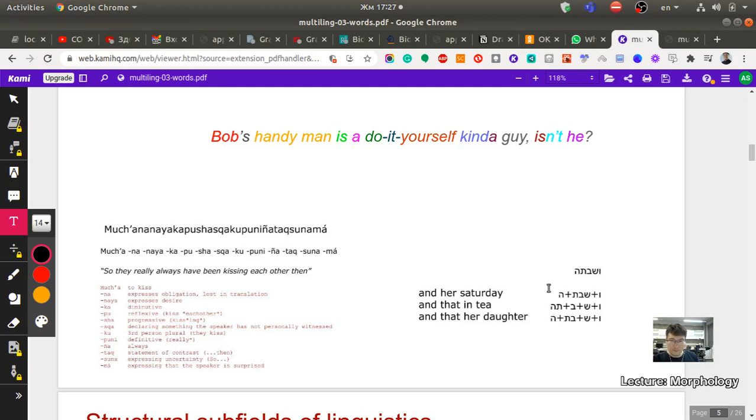For example, this is from Hebrew and Arabic. They are Semitic languages, and they have a very interesting structure. So for example, this is a word, and her Saturday, and her daughter. So these words' parts are connected.